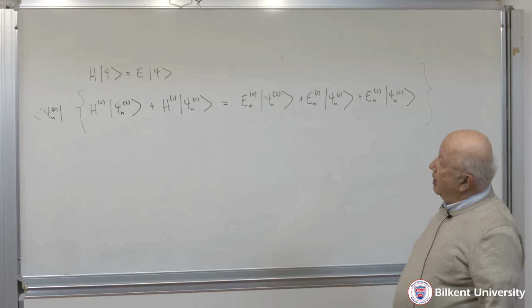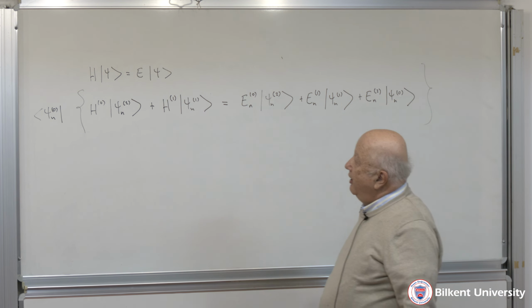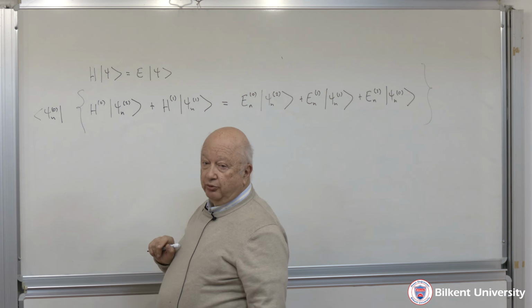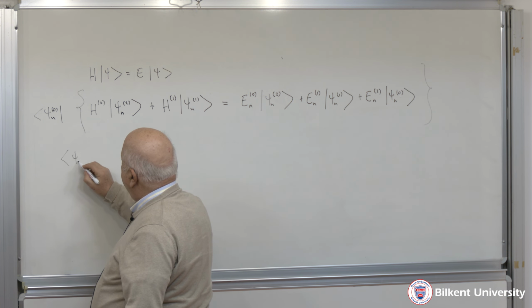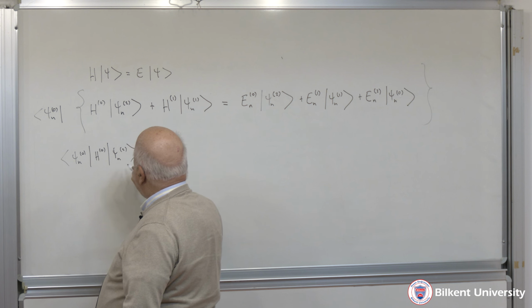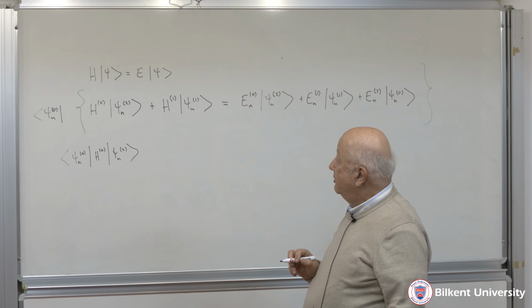All right, so now you are going to help me with what all of these terms are. I have psi n0, h0, psi n2. Let's do this one in detail. Psi n0, h0, psi n2. What is that? E0 times psi 0 psi 2.